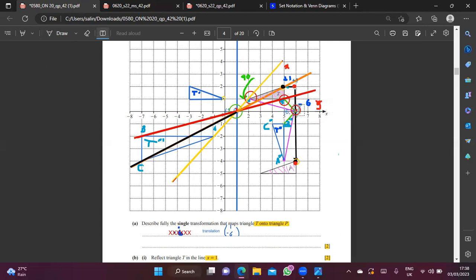There you go. So movement to the right, movement to the left, movement up and down. Okay, in the language of transformation, it's called translation. We call it translation. There you go, translation, yeah? Right. So what do you need to do?